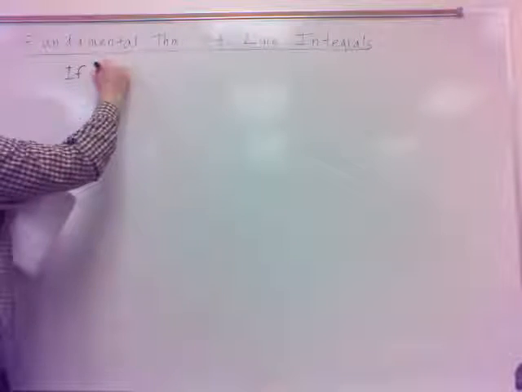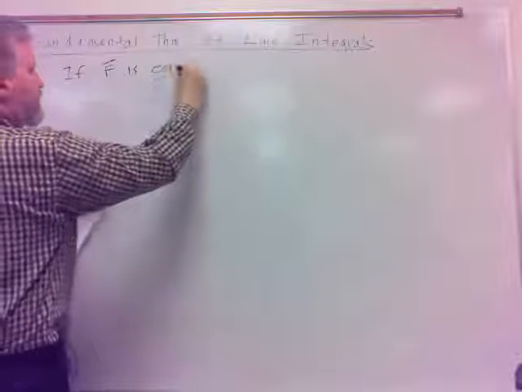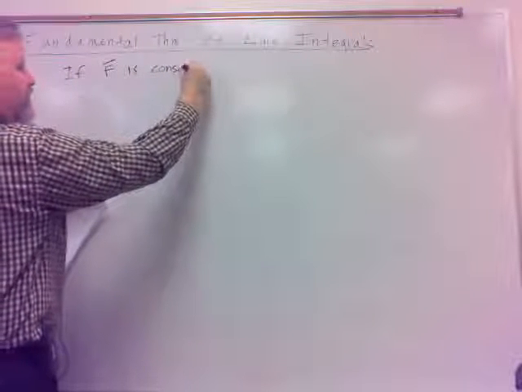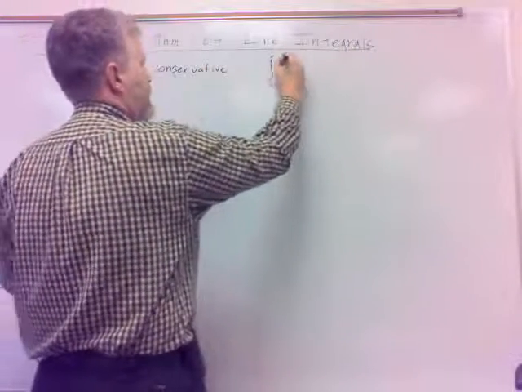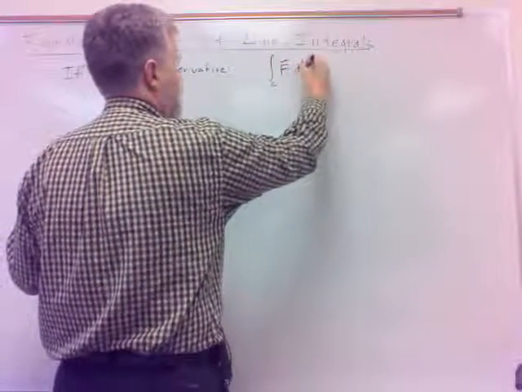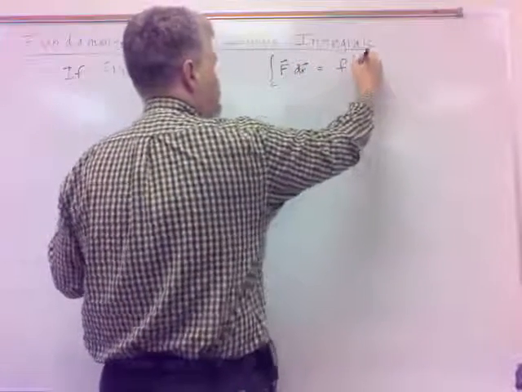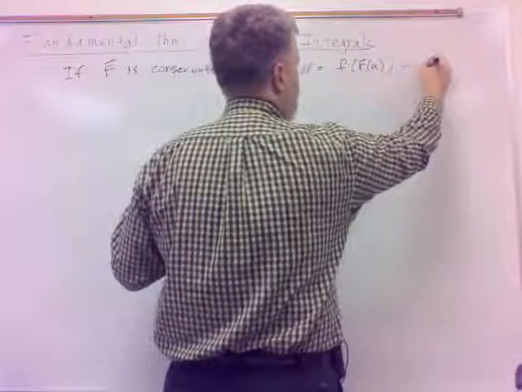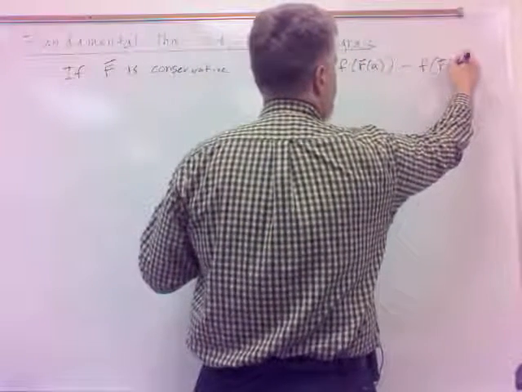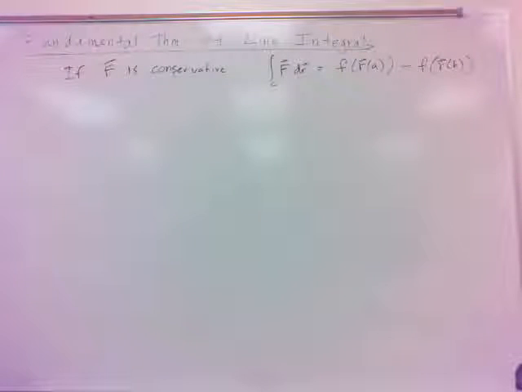So here it is, if F is conservative, then our line integral over C, doesn't matter the path either, is going to equal the potential function at your initial value minus the potential function at the terminal value.